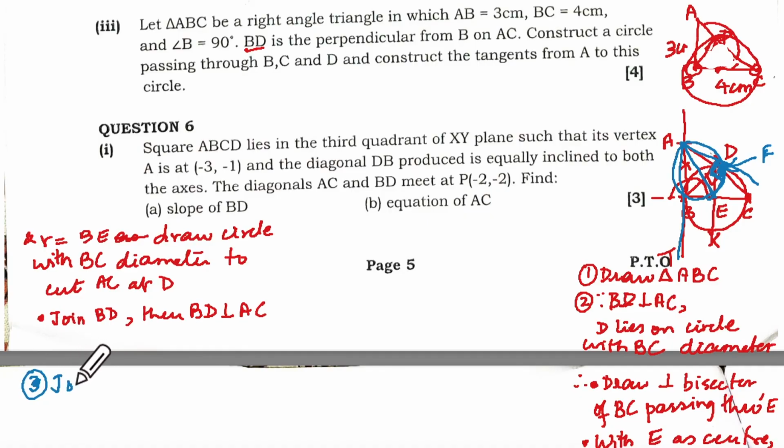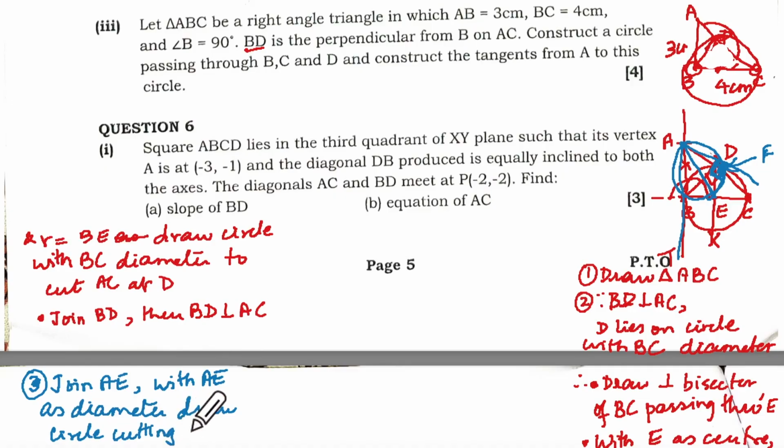With, we'll say join AE and with AE as a diameter, draw circle cutting, no, not AC, cutting the earlier circle at F. Okay, and then point number 4 you will say therefore AT and AF are the required tangents.